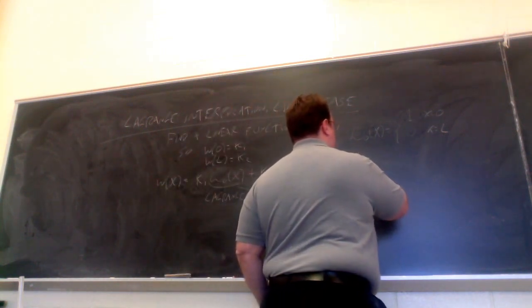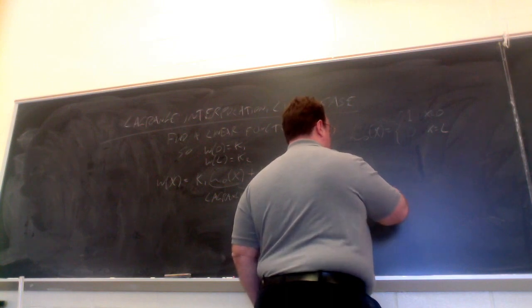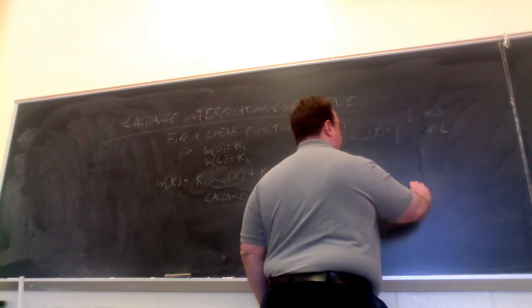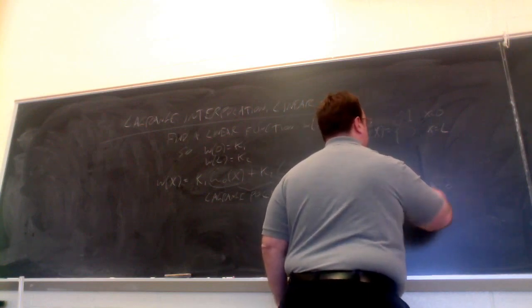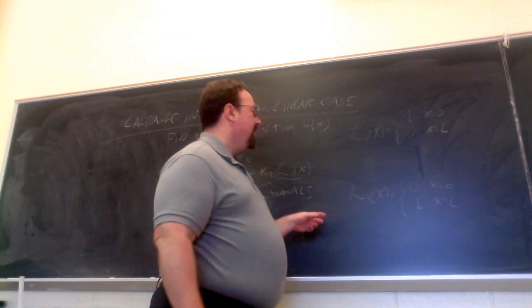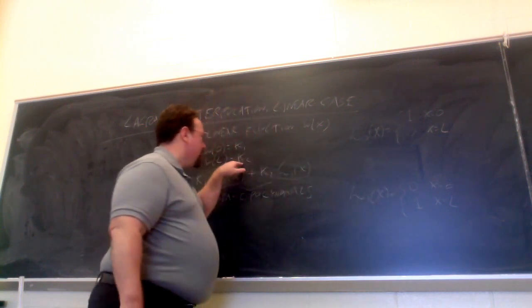And then L1, and by the way, for your notes, I'm leaving a little space in here intentionally, so I suggest you do the same. So L1 should be equal to 0 when x is 0, and 1 when x is equal to L. So when you plug in x equals L, this will be turned on, this will be turned off, and you'll get k2.